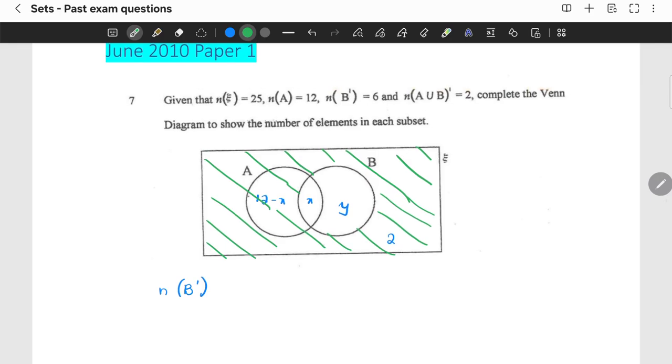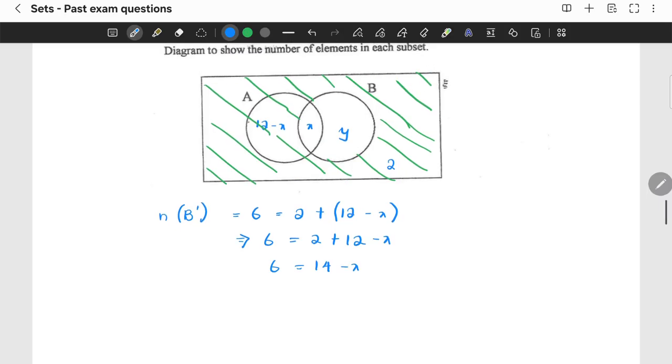So to find B complement, we know that that is equal to 6, which is 2 plus 12 minus x, which will then translate to 6 equal to 2 plus 12 minus x. 6 equal to 14 minus x, which means x is equal to 14 minus 6. And that's 8.